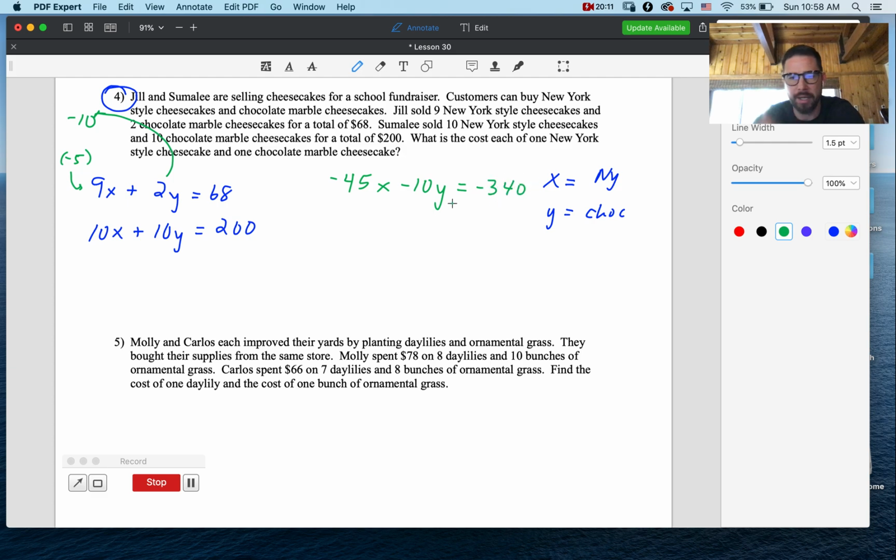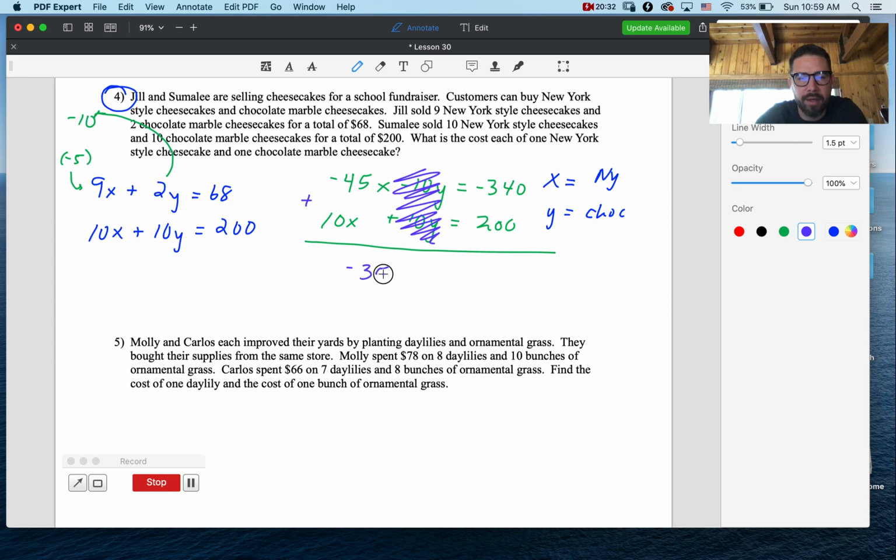No mistakes, no mistakes, right? Now let's write the bottom the same. 10x plus 10y equals 200. Okay, what's going to cancel? I can tell you right now that the y's are going to cancel. So we have negative 45x plus 10x. I think that gives me negative 35x.